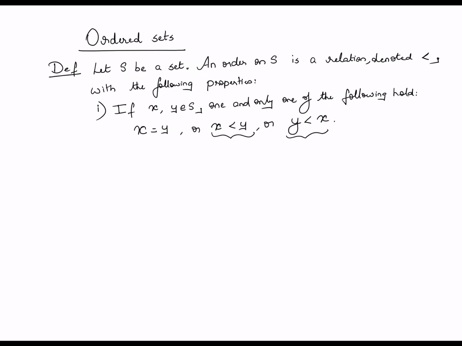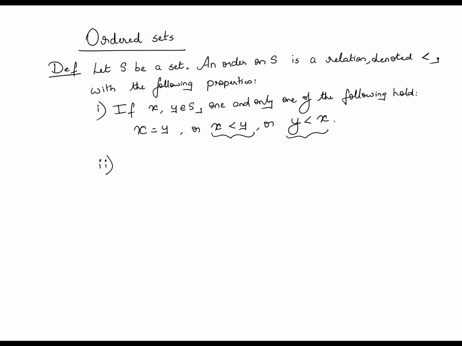The set S can be any abstract set. I'll give a couple of examples going forward. But between any two elements x and y, if they are not equal, the first requirement says that either x should be less than y or y should be less than x under the order that one has defined. Okay? This is the first condition that an order should satisfy.